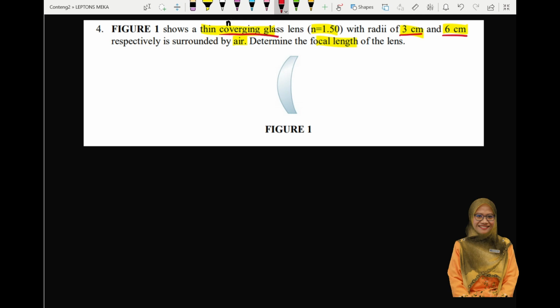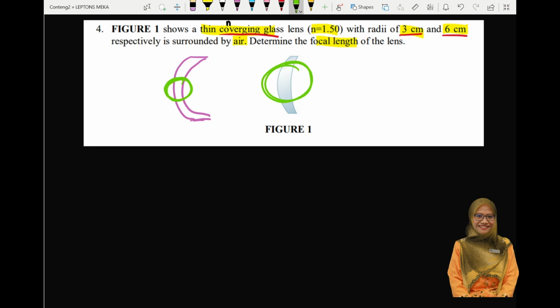Converging lens dia gemuk tau. So if you see through this lens, dia gemuk dekat sini. But for diverging lens, the shape of diverging lens is like this. Oops, sorry. Which is at this side, it is macam thin, dia thinner, dia lebih nipis.